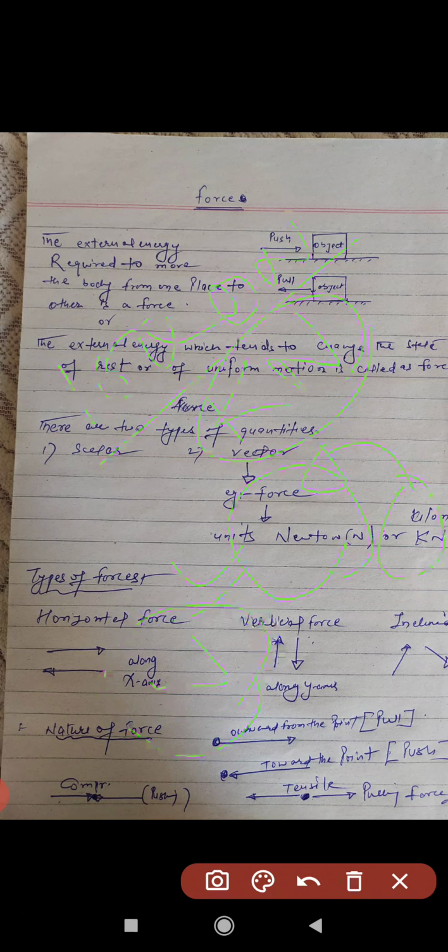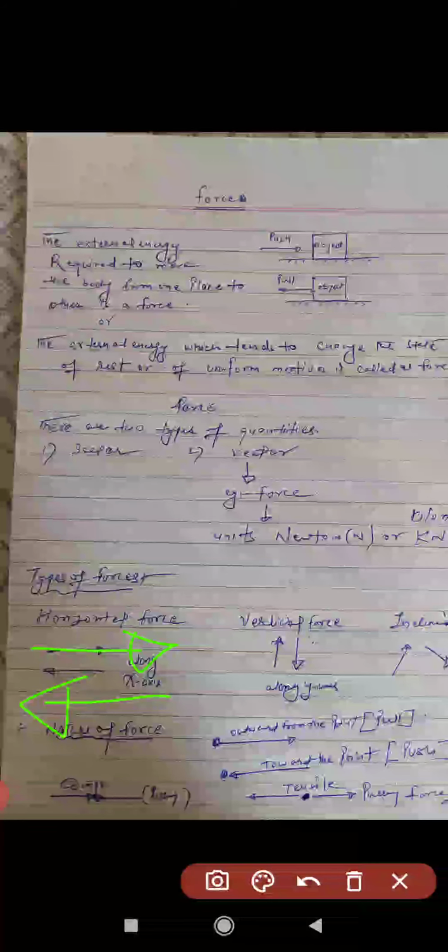Next is the types of forces. There are three ways to represent force: horizontal force, vertical force, and inclined force. In a horizontal force, the force is in the x direction.